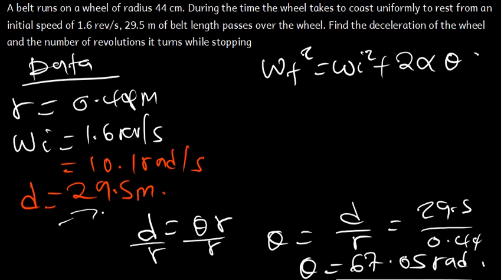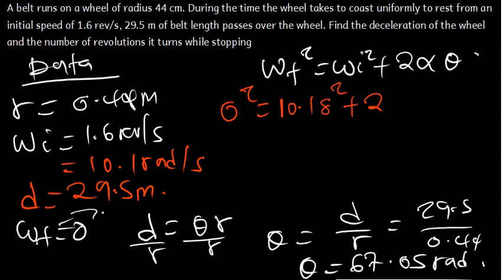Now I have everything. Because it came to a stop, I expect my final angular velocity to be 0. Now, let's plug in the values. The final velocity is 0 squared. The initial is 10.18 squared plus 2 times the angular acceleration, which we want to find, times the displacement, which is 67.05.